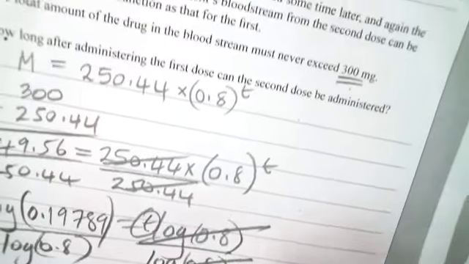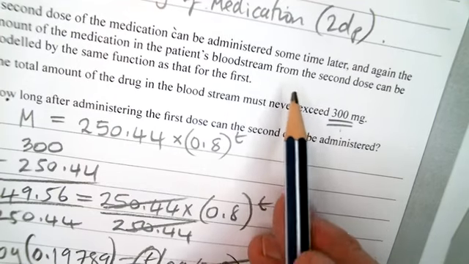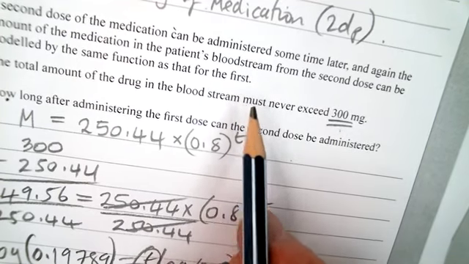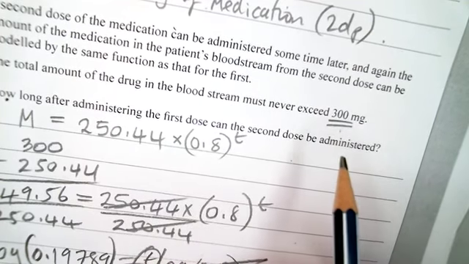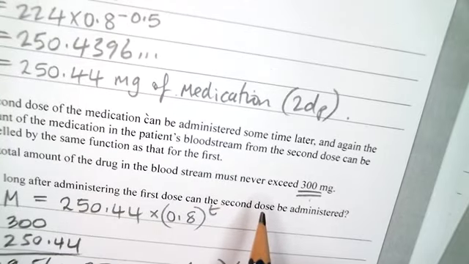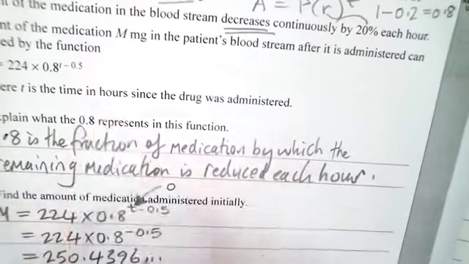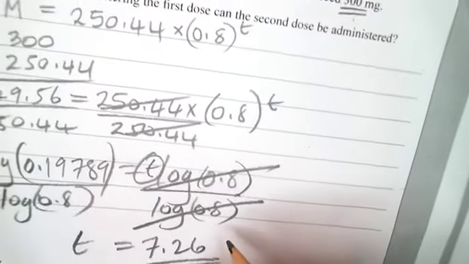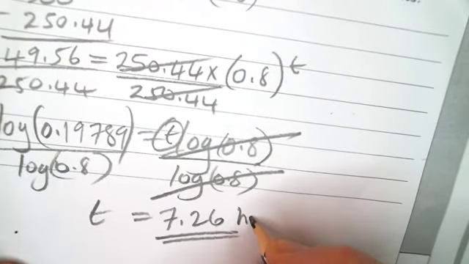Now these are, of course, time in what? These are time in hours, aren't they? Okay, let me just check this. Yeah, here it is, time in hours. So this is 7.26 hours.